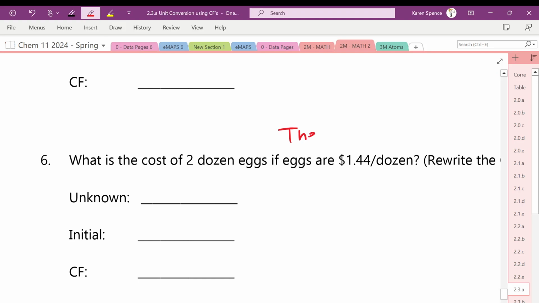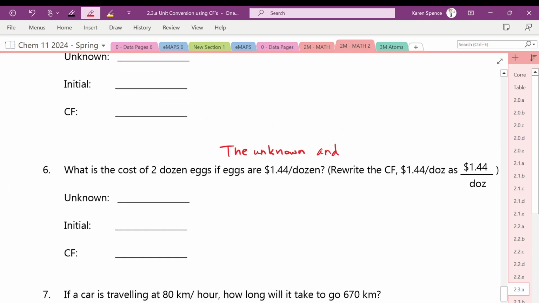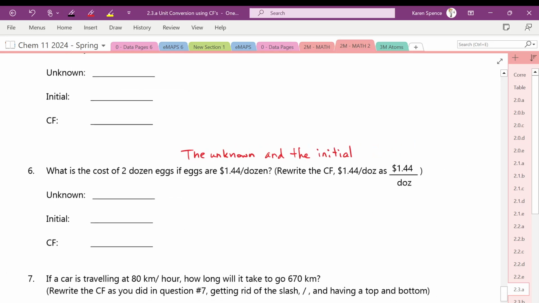The unknown and the initial will be connected in the sentence.